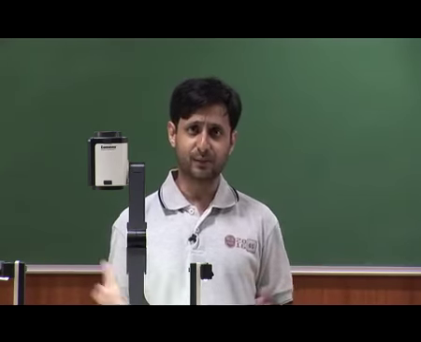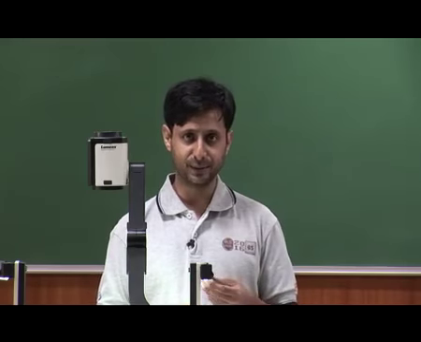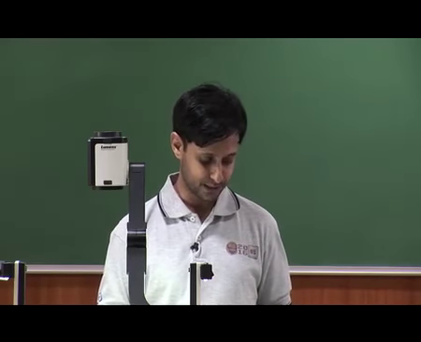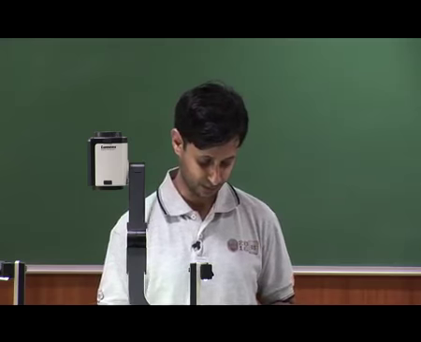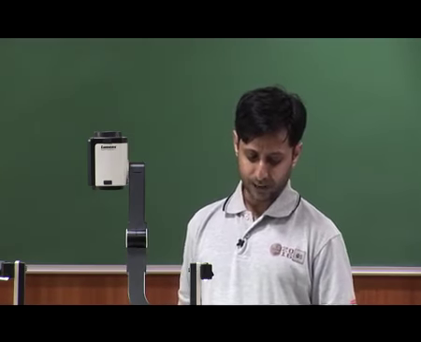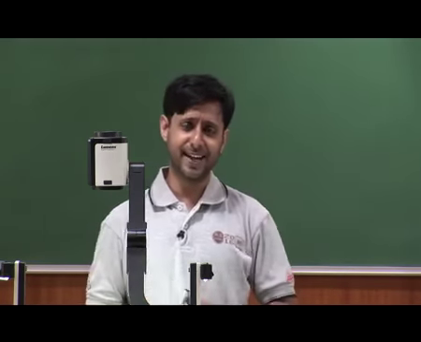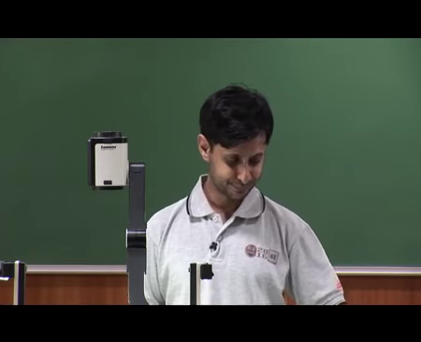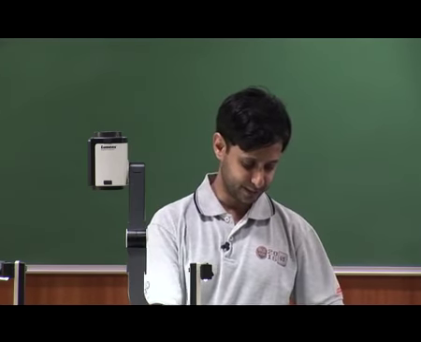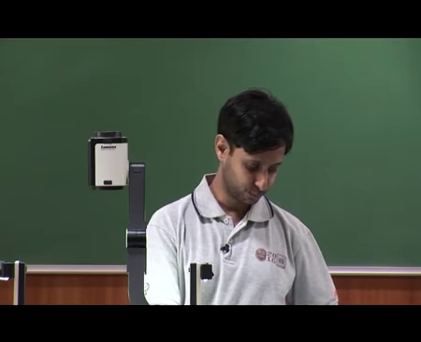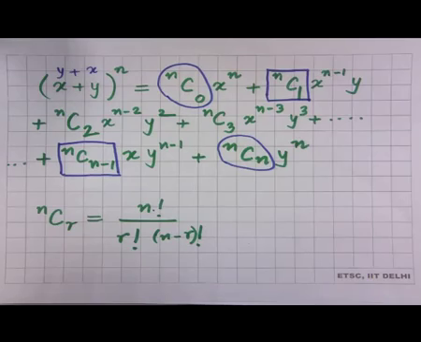So, these are the kind of questions that you are going to find typically coming up when we discuss the binomial theorem. Okay. Now, we are going to generalize a little bit, because we have a lot more to do. So, I go back over here, x plus y whole power n is n c 0 x to the power n, n c 1 x power n minus 1 y, n c 2 etc. Okay.